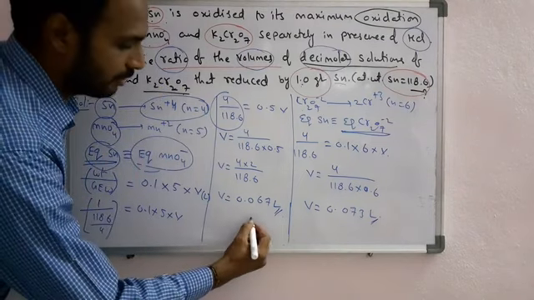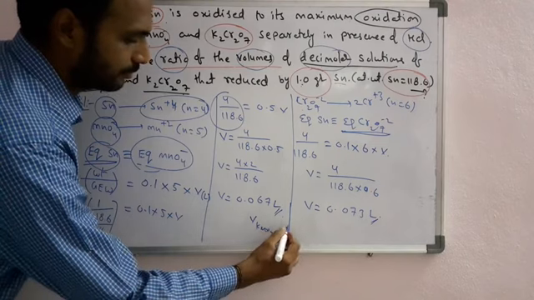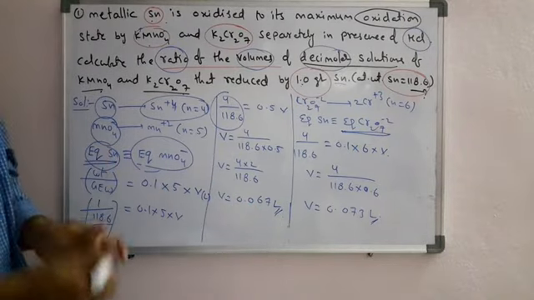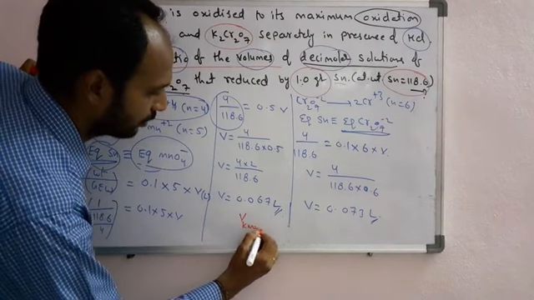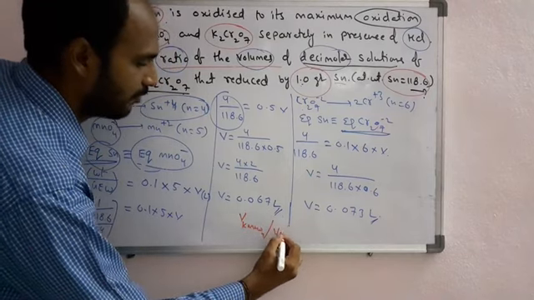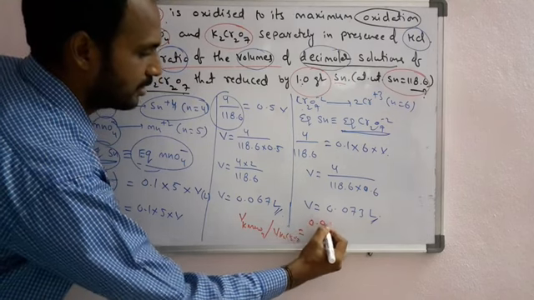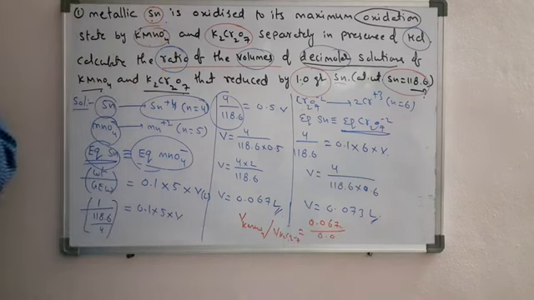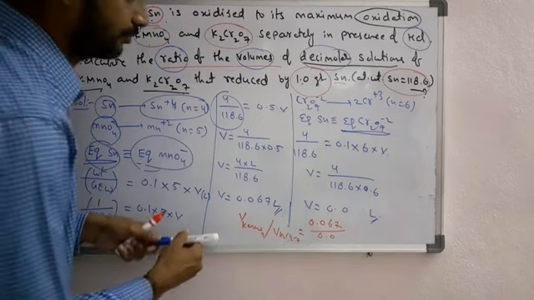The ratio means the volume of KMnO4 by the volume of K2Cr2O7 equals 0.067 by 0.073. We will get 0.05.